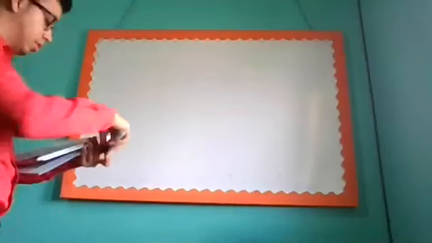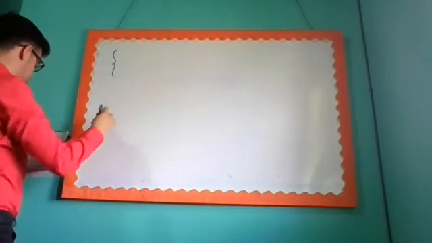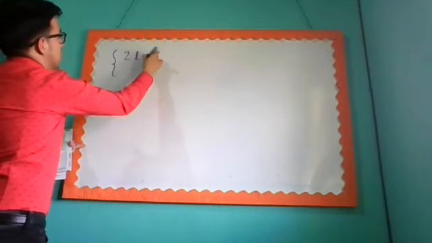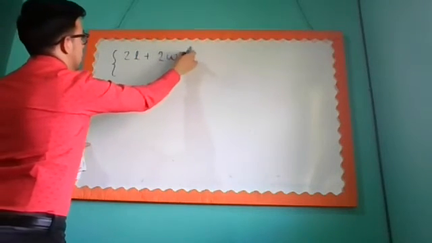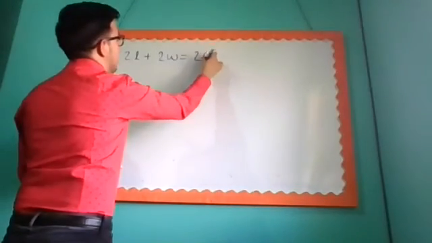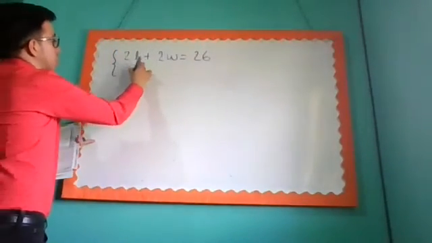The last one, I'm going to copy the exercise. Example 3, I copy the system: L plus 2W equal 26. And the other one is L minus W equal 3.